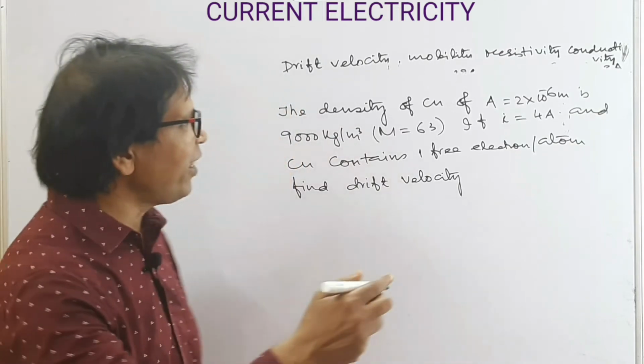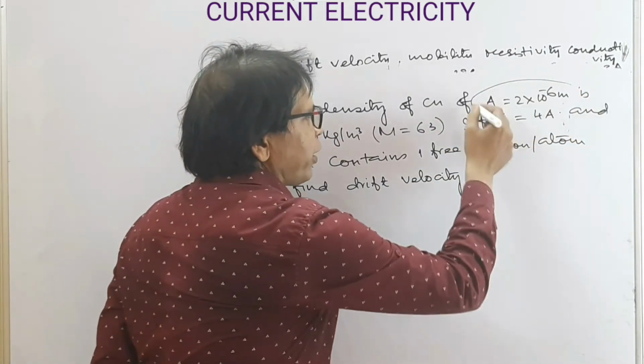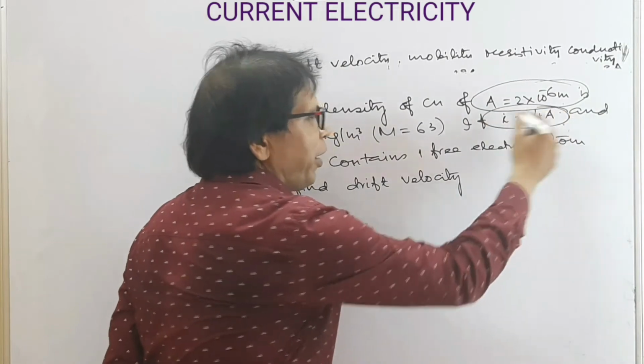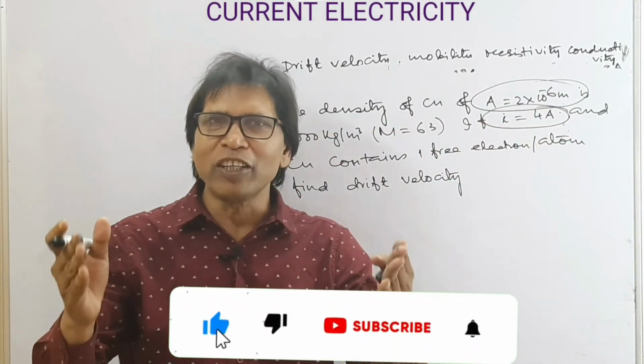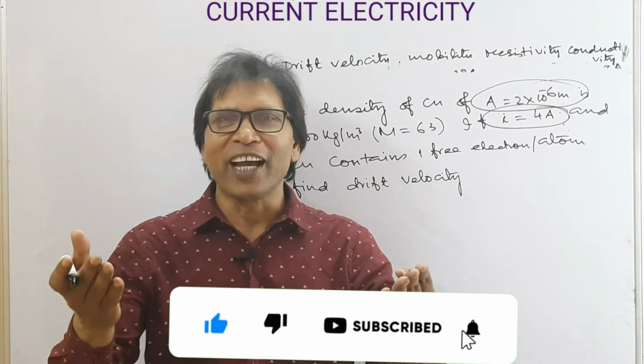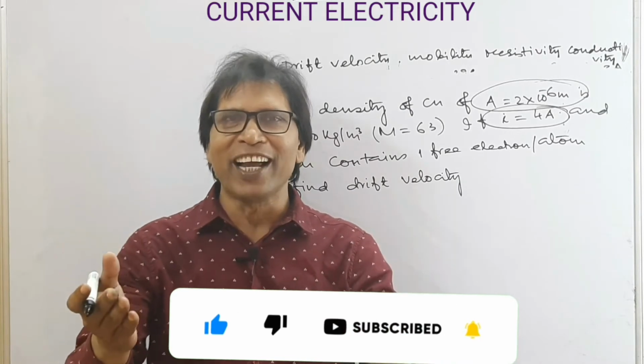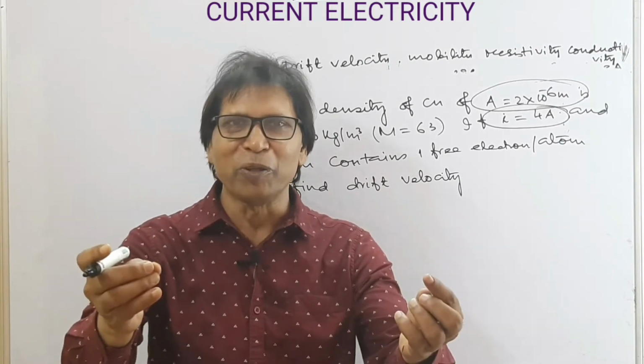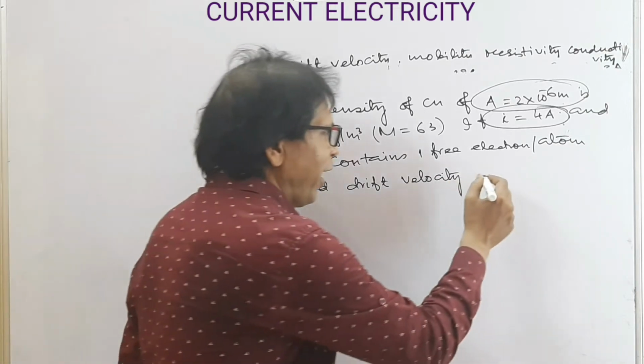Now look at this. Here area of cross section given, current given, charge of electron is known. Now we have to calculate the number of free electron per unit volume, that is small n.